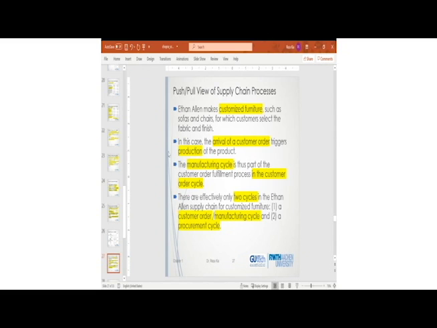So when you want to provide a customized product, it's better to finalize the order from the customer to know which features are required in the final product, and then you will start your production. You will trigger the production. And this is the case for Ethan Allen, manufacturer of customized furniture. So in the production cycle, they are just waiting for the customer demand.